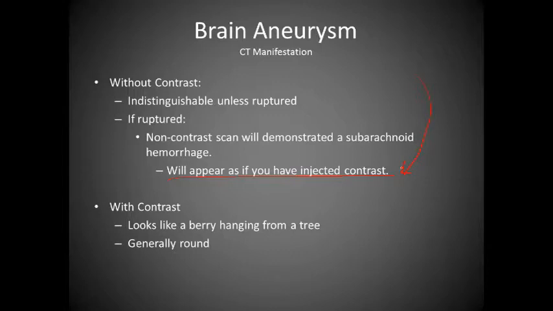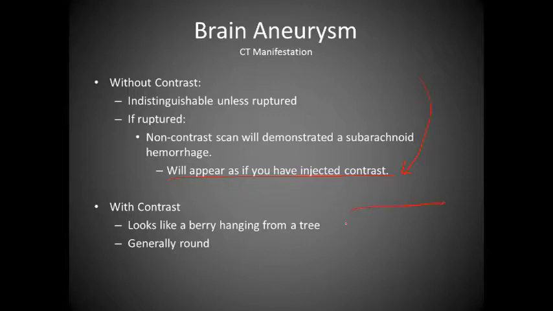They were giving her things in the ER before they shipped her out to bolster her blood. They ship her out, and they repair the aneurysms, and she's doing quite well today. But that's something you're going to see: if they're ruptured, it's going to look like you've injected contrast.